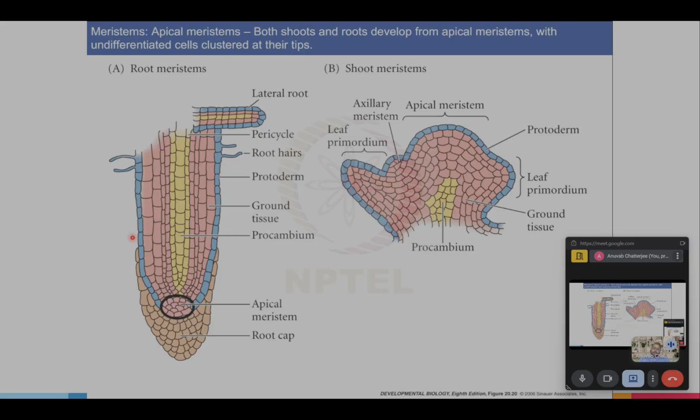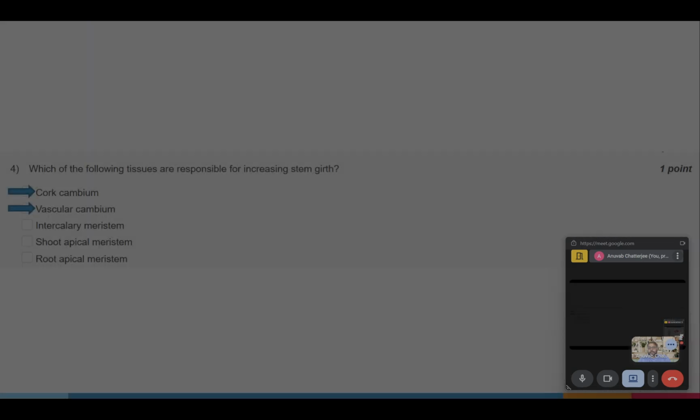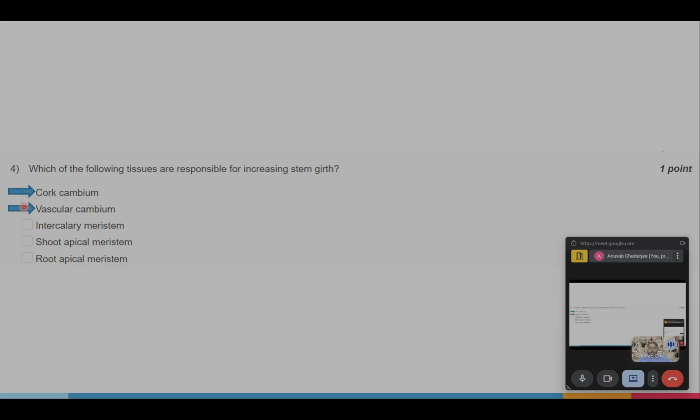The dermal does not contribute towards the thickness because the dermal is only going to be the final bark on the external of the tree, which does not contribute much to the width. It is mostly going to be the ground tissue and the procambium, which gives rise to the cork cambium and the vascular cambium. Anything else, the intercalary meristem, shoot and root apical meristem, gives rise to growth in the top and bottom direction rather than increasing the girth.